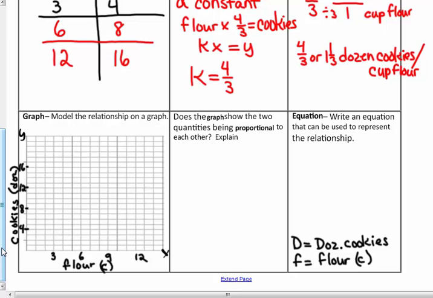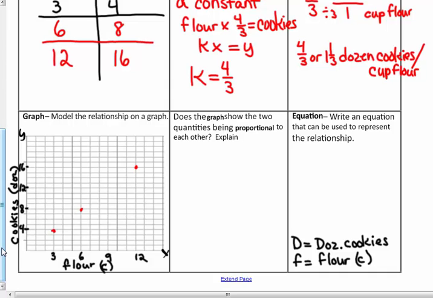And if I start plotting the points that I have in my table, for 3 cups of flour, I will get 4 dozen cookies. For 6 cups of flour, I get 8 dozen cookies. For 12 cups of flour, I get 16 dozen cookies.